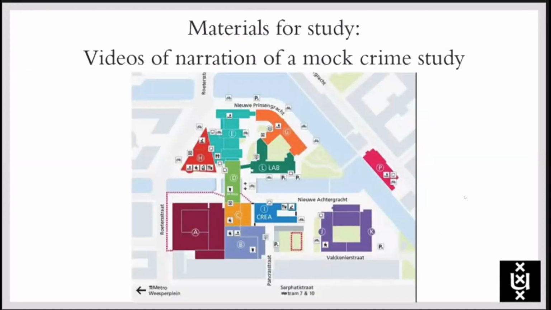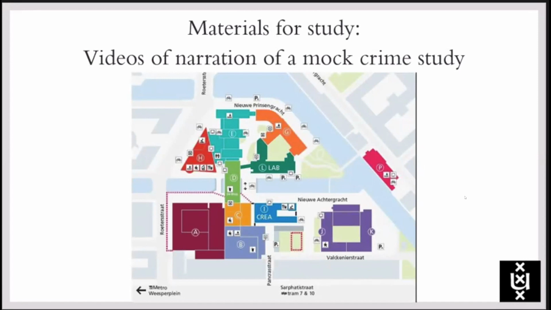So for the material we used videos of narrations of a mock crime study. So with this, there were two conditions in this study. One condition had to give an honest statement, and the other condition had to give a deceitful statement. For the honest statement, they had to do normal activities on campus and return to the lab 30 minutes later.